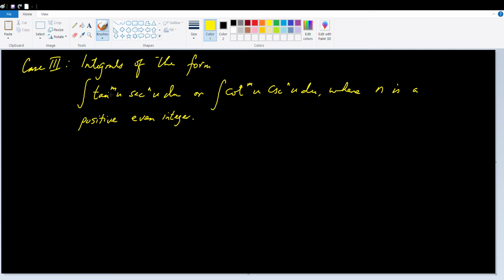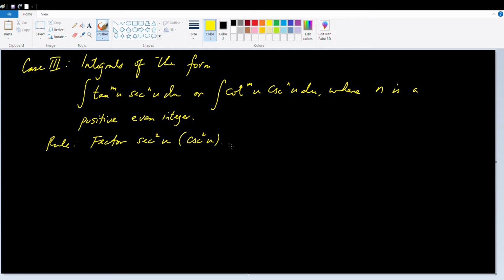It could be an integral exponent, a negative exponent, or a rational exponent. So the rule is to factor secant squared u, or in the case of the power of cosecant, we factor cosecant squared u. And then we express all the remaining factors as powers of tangent or cotangent.